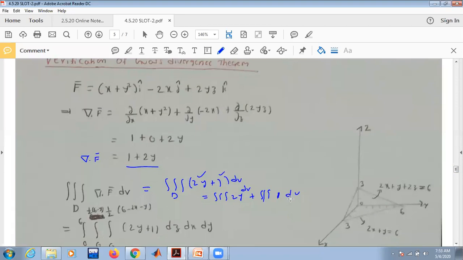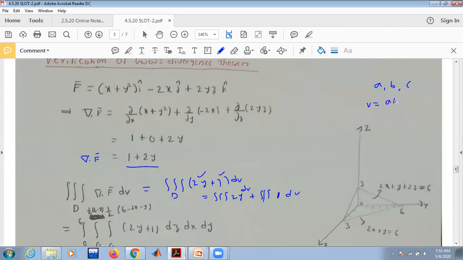Volume. And this is a prism. What is the volume of a prism with the sides 3, 3, 6? If a, b, c are the lengths of the triangular prism, then what is its volume? I think from vector algebra you might have known.